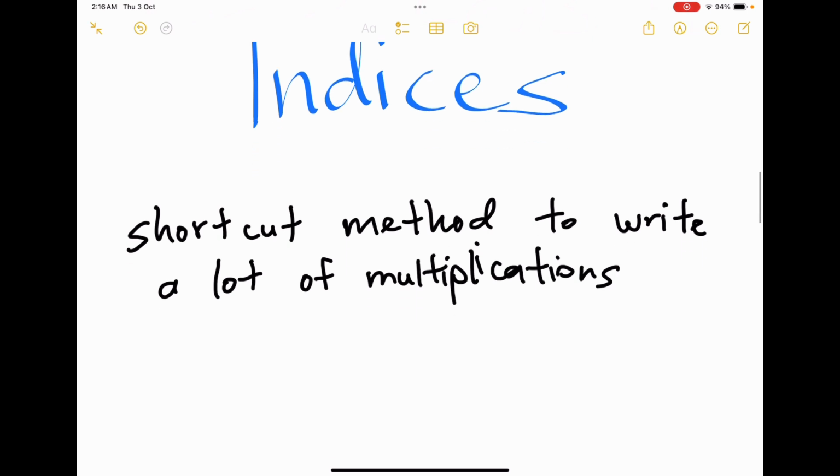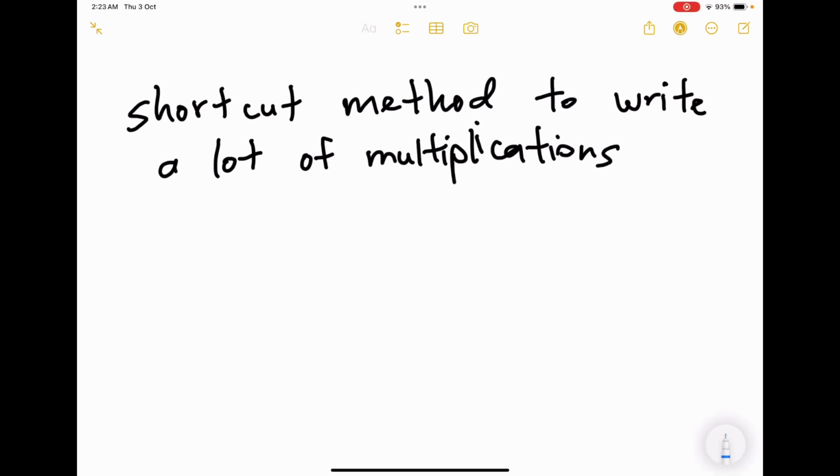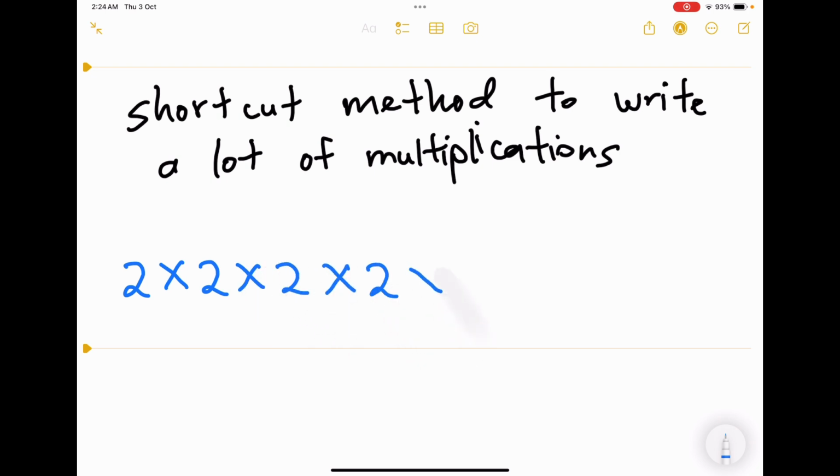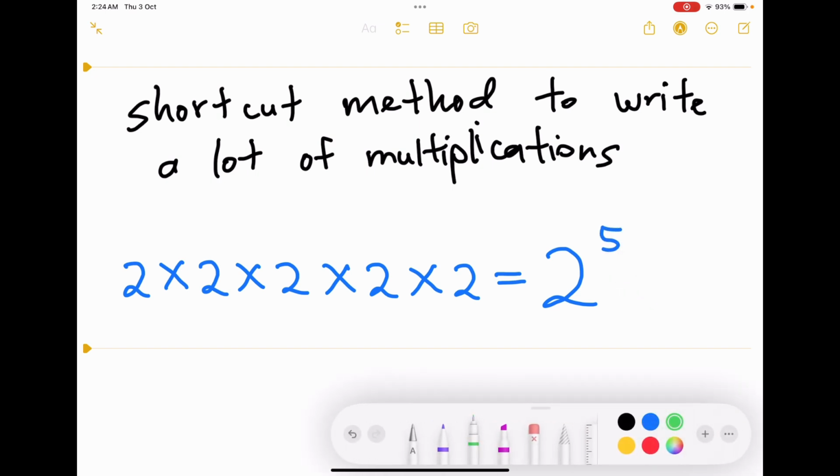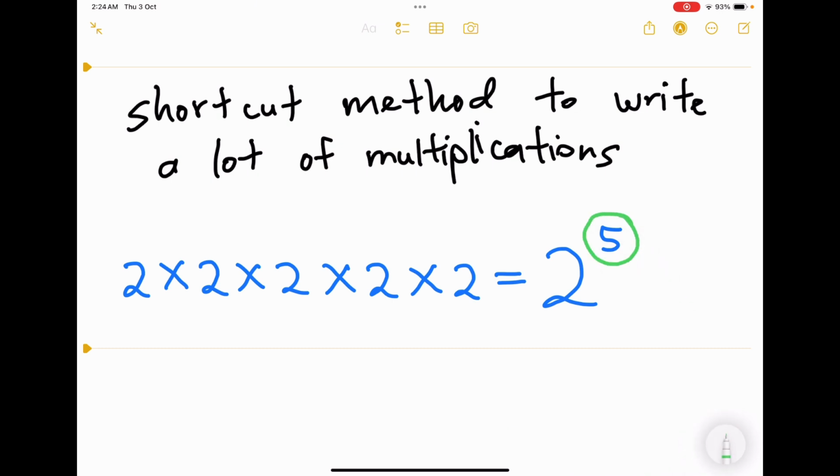For example, 2 times 2 times 2 times 2 times 2 can be written as 2 to the power 5. Why 5? Because the number 2 appears 5 times. 1, 2, 3, 4, 5.